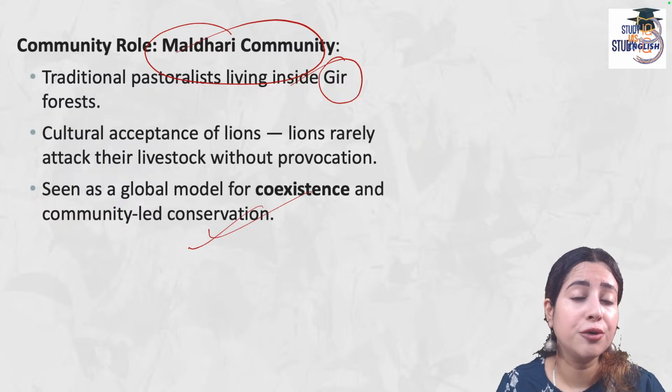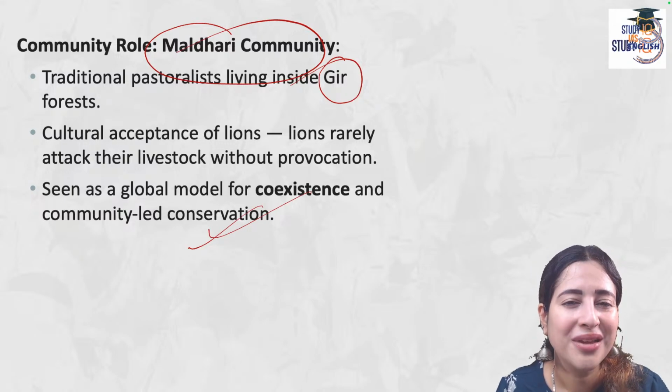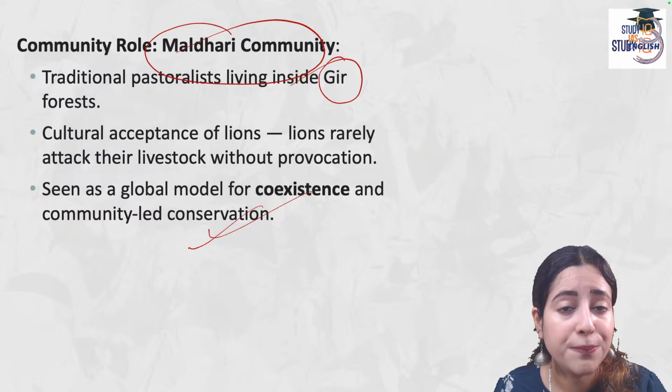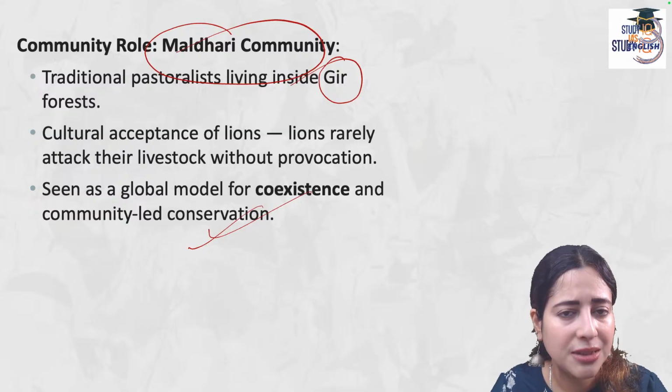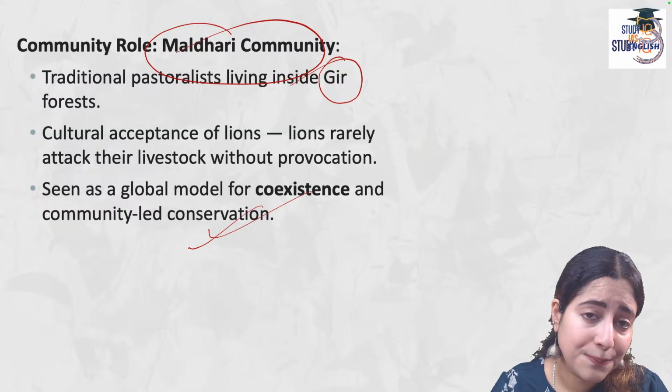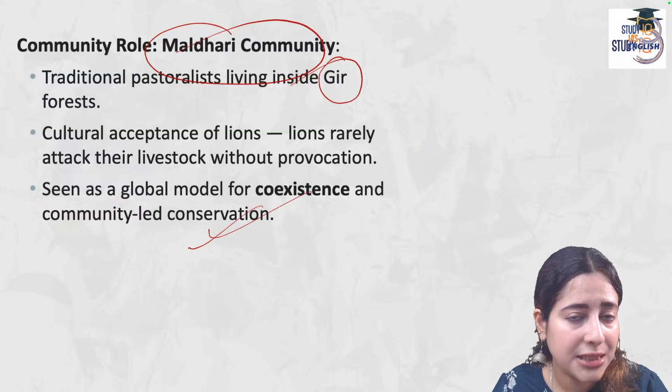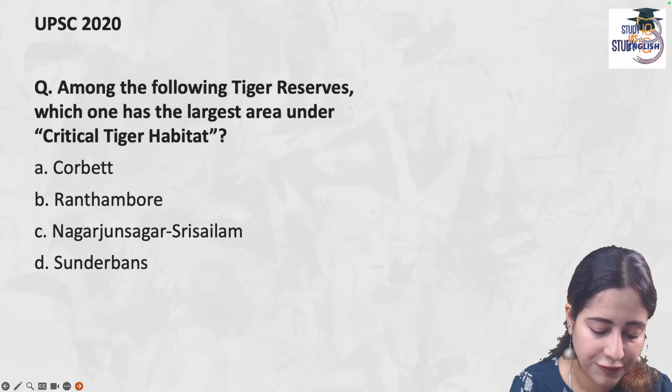This should also remind you of the Chipko Andolan of Uttarakhand, where so many women protected trees from being cut by literally holding on to them. So every time a community has taken a step to promote the environment, it has definitely resulted in great benefits for ecological restoration.